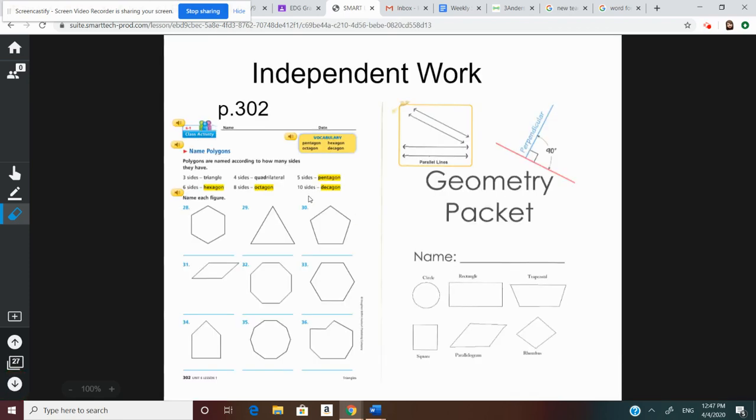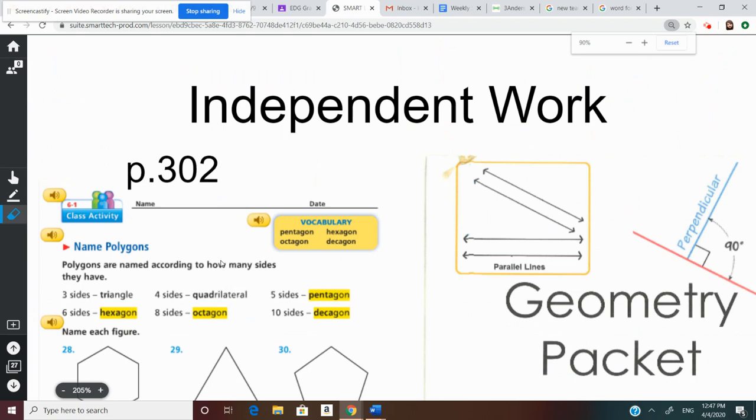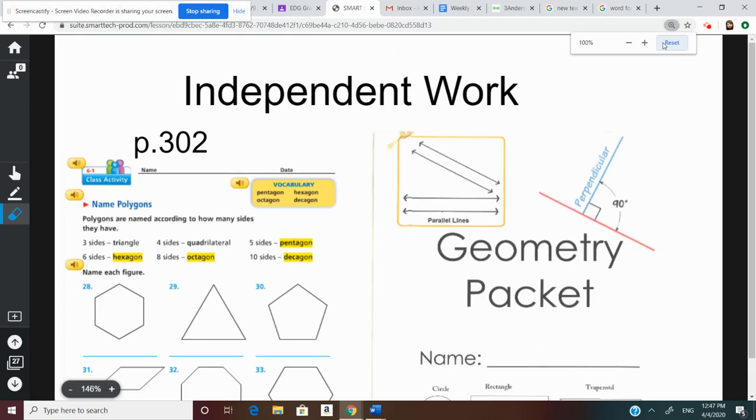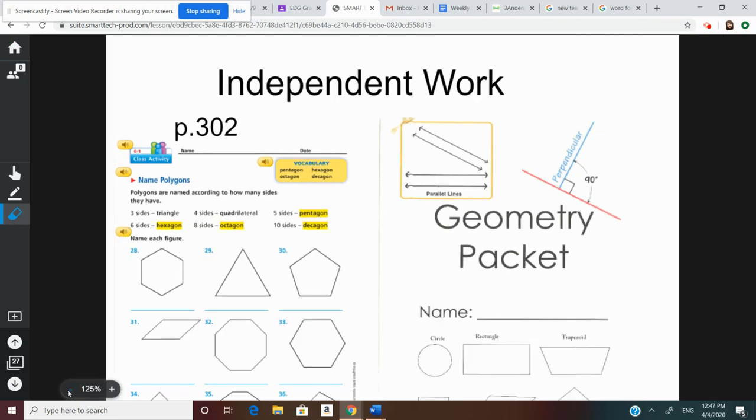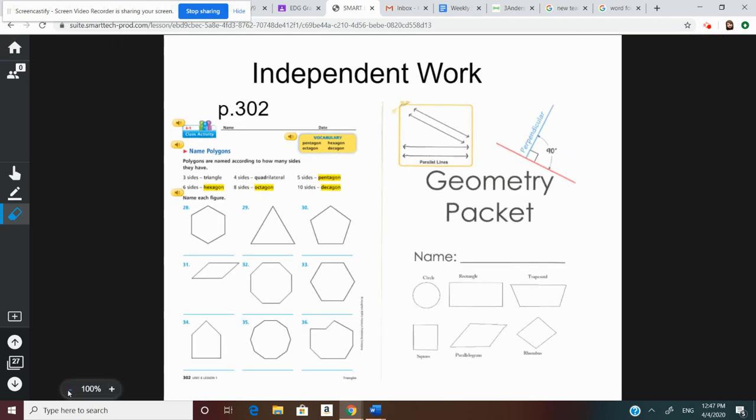So for your independent work today, oh, sorry about that. Get us back to normal here. We are going to be working on page 302 in our math book. 302 is called Name Polygons.